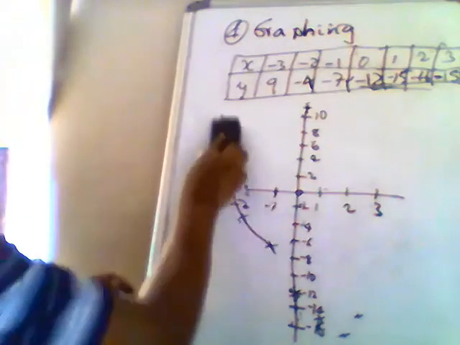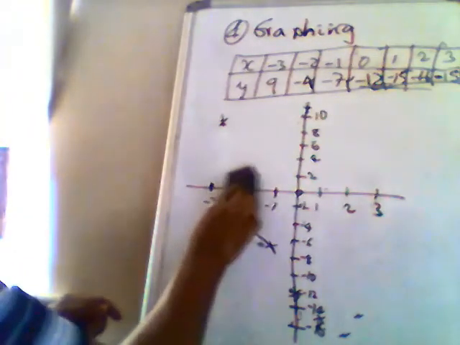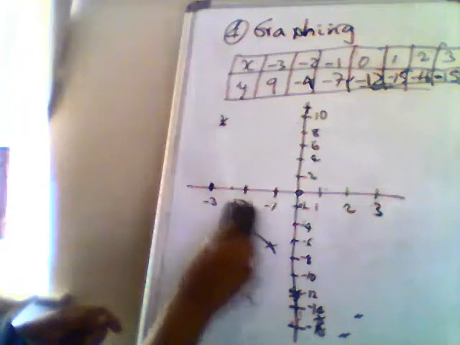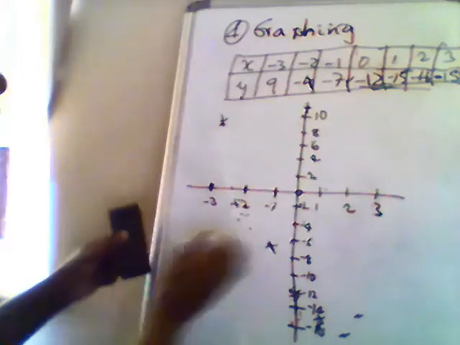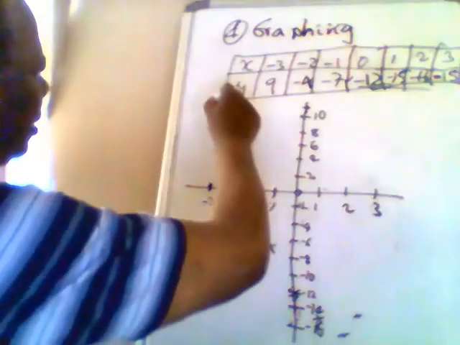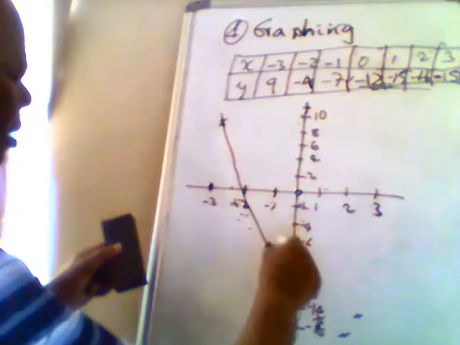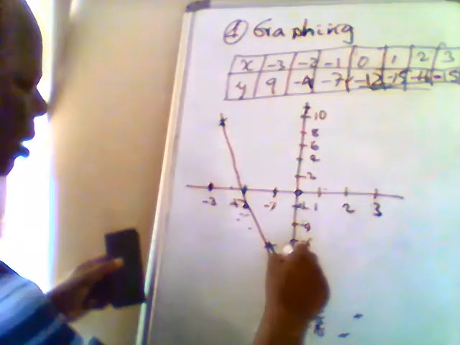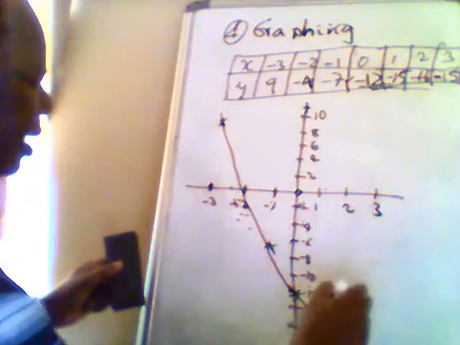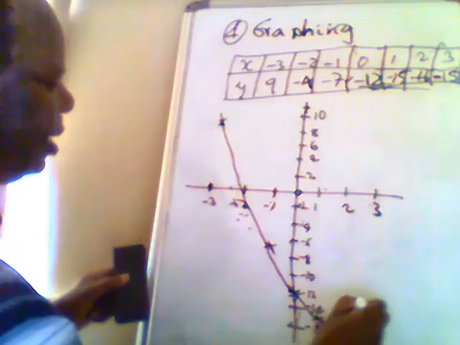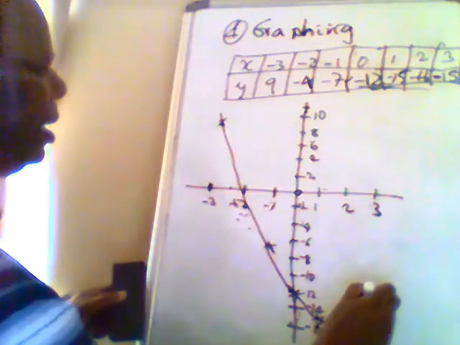See, that's the problem because of no graph paper. So this scale is not easy. But the idea you have is this. It goes there and then goes here, then it starts going upwards.